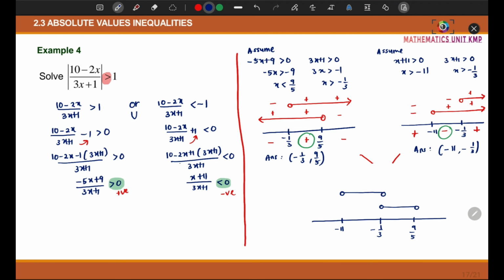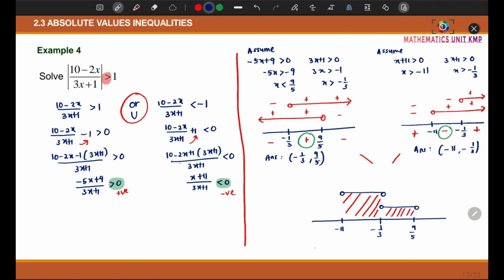Okay, so now we want to choose the answer. Back to our first separation, we want the "or", the union. Union means that if there is a line, that is our answer. So we have a line here and here.